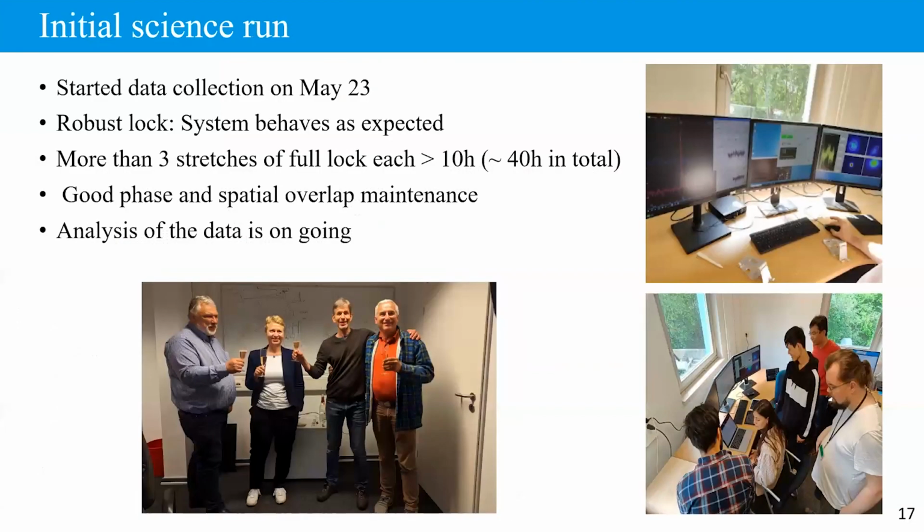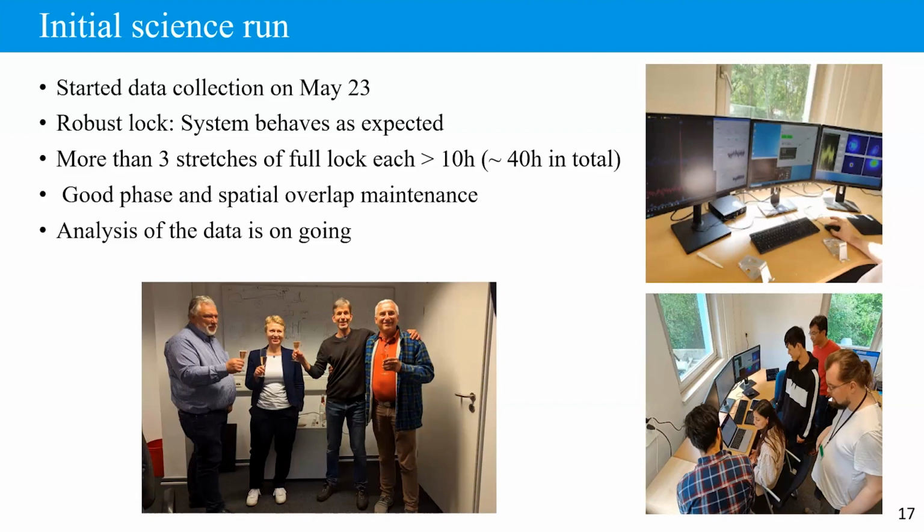Okay. So with that setup, with all these improvements and modifications that I showed you, we started to collect data on the 23rd of May. And from what we got from the data, we can already say that the system is quite robust.